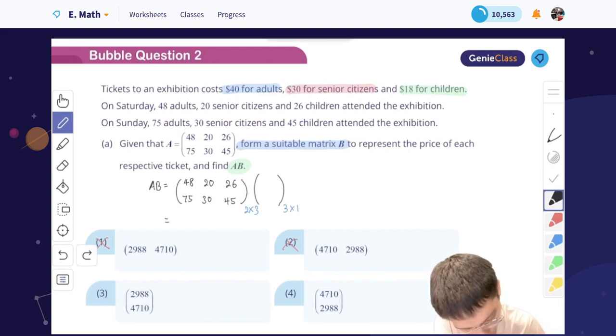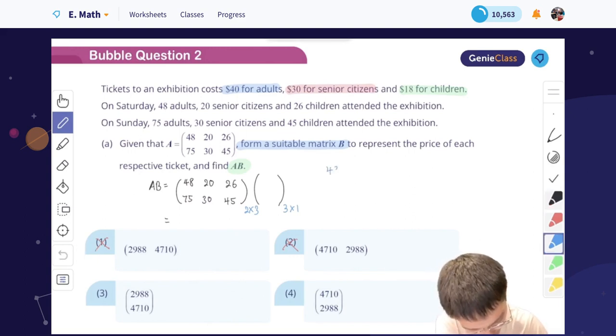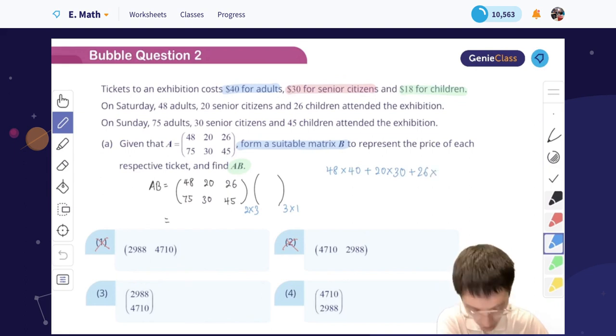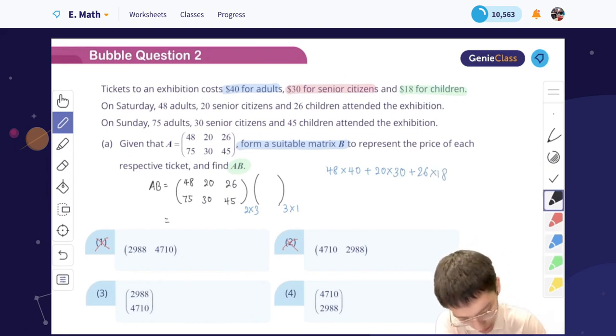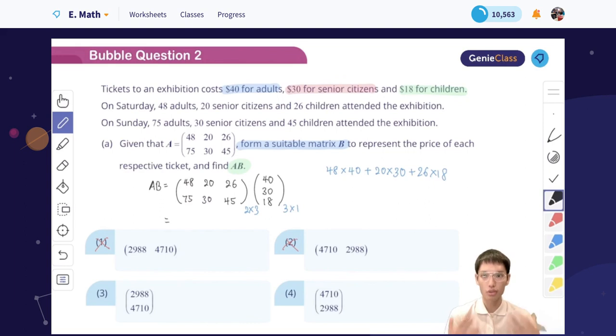Let me just write it in blue so that you all can understand. 48 times 40 plus 20 times 30 plus 26 times 18. Similarly, if I were to write it out, it's going to be 40, 30 and 18 to form my matrix.